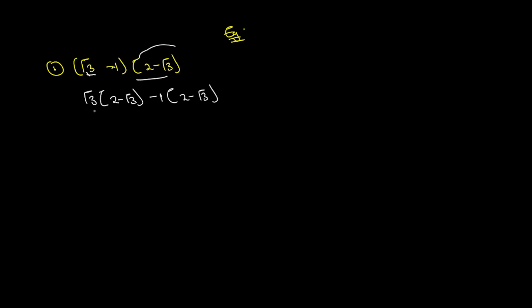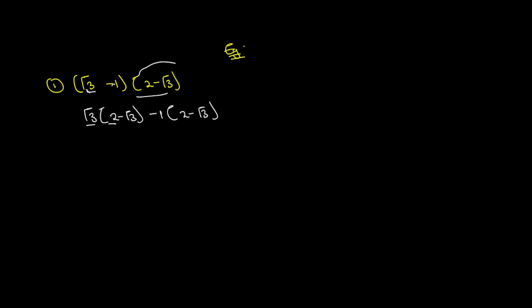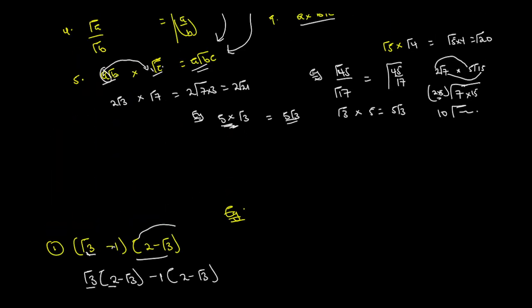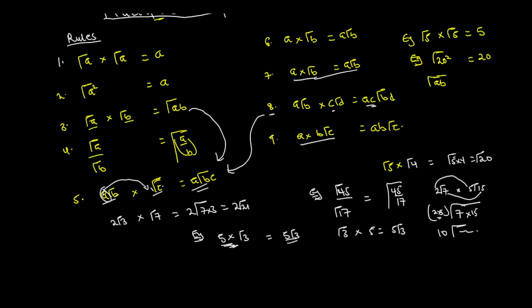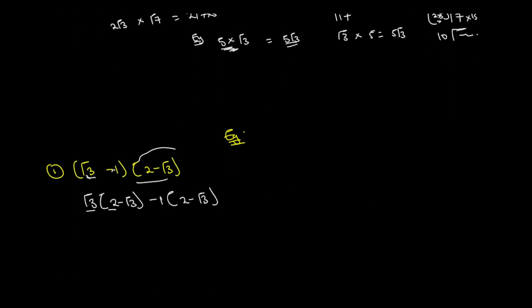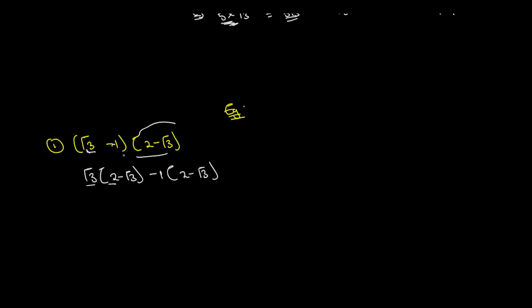So what is square root of 3 times 2? Notice in our rules that we learned in the previous video, I'm sure by now you are conversant with the rules, right? It's here. A times root of B is A root B, right? So we have root of 3 times 2, so we have 2 root 3, right?